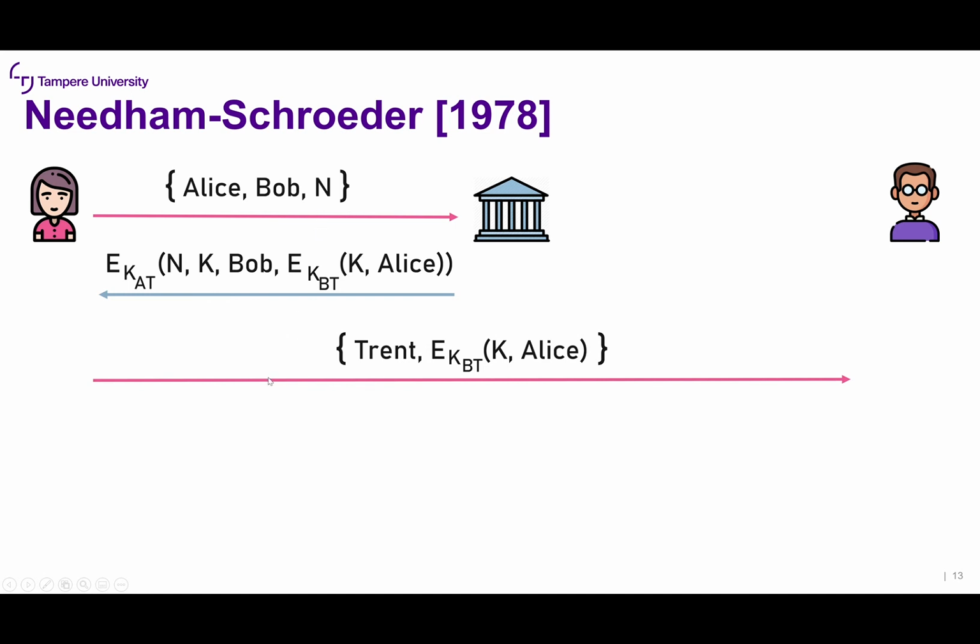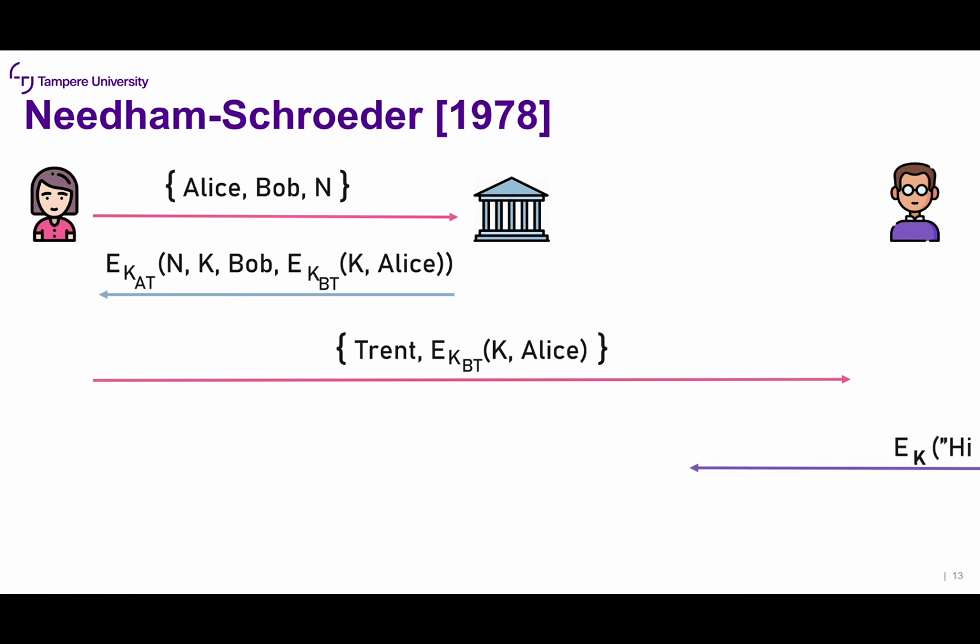And yes, that's what the protocol was saying. So Alice would contact Bob saying, hello, Trent generated something for you, so that Bob knows that he needs to use KBT to decrypt that part. So Bob decrypts this. He finds out that Alice wants to talk with him, and also he gets to recover K, the session key that Trent generated for both Alice and Bob.